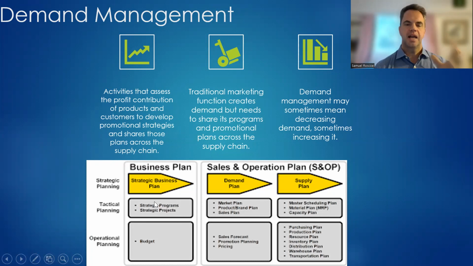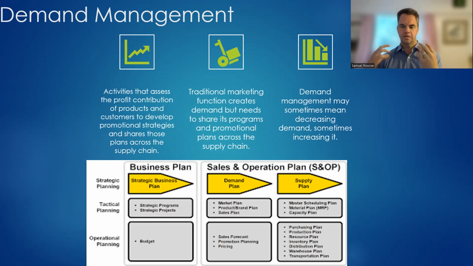Then we take that strategy, and ideally we have what's called sales and operational planning, where your sales team, your operations team and your marketing team are all sitting together looking at the demand plan, developing a forecast, and making sure that the marketing plan and the sales plan are in line with the supply plan. That means our ability to source materials and plan our capacity, to make sure we have enough people to make everything, and that all of those things are aligned.